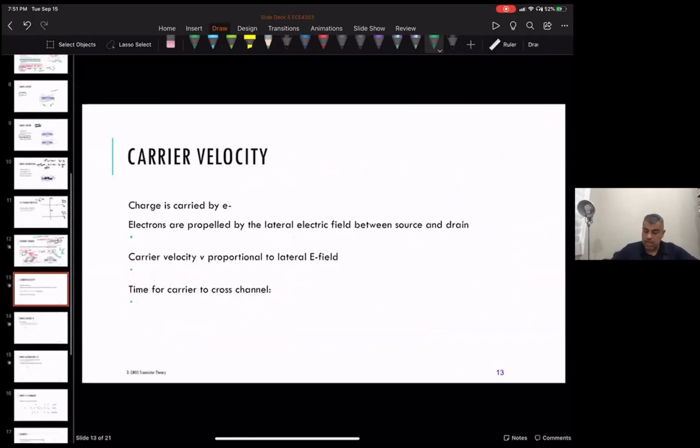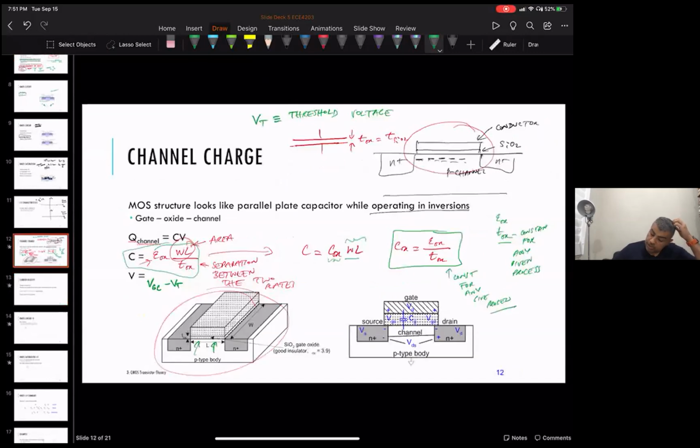That's a voltage that you need to overcome before you have a channel. So when we're looking at the voltage in the channel, we have to subtract this threshold voltage, because we have to be at that value or higher to have a channel to begin with. So we basically get this gate to channel voltage minus the threshold.